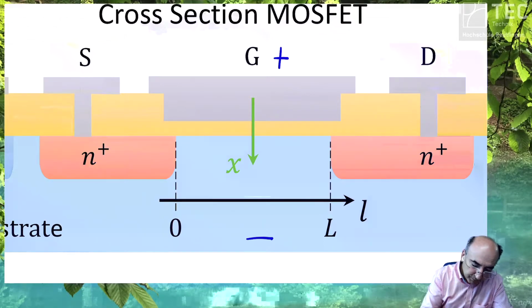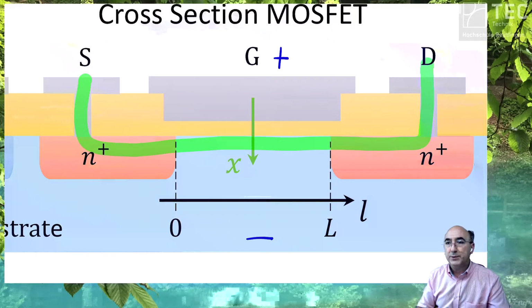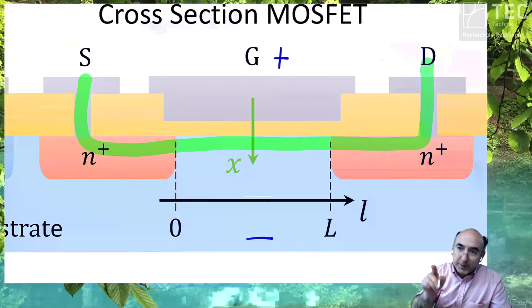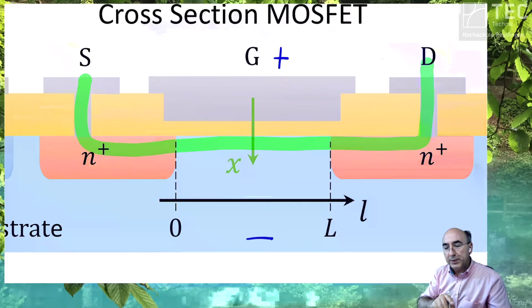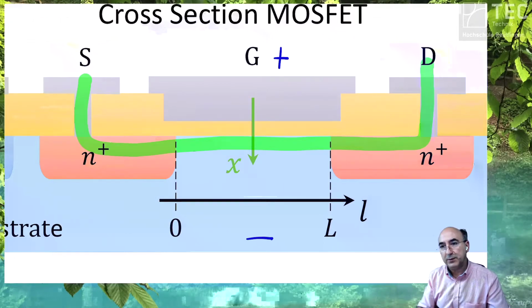So your channel is now populated with electrons. This behavior, how it is populated, with which value, and why this value is required to populate this channel with electrons, is the topic for the next slides.